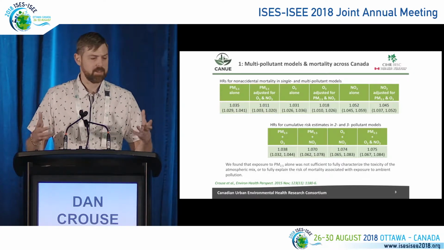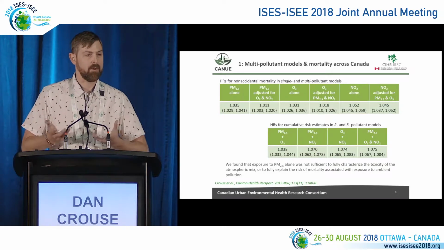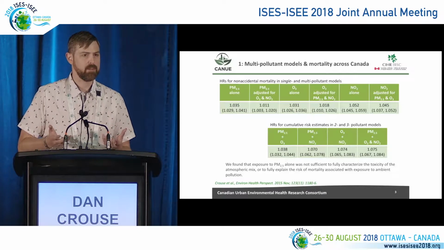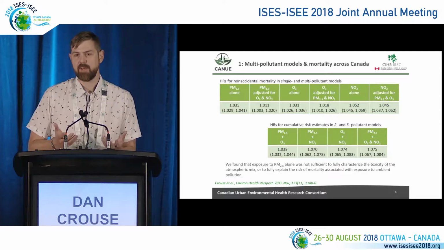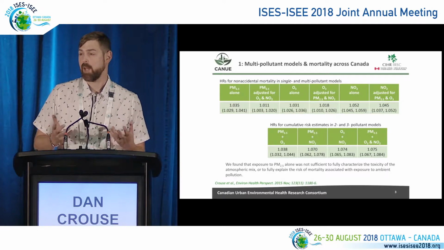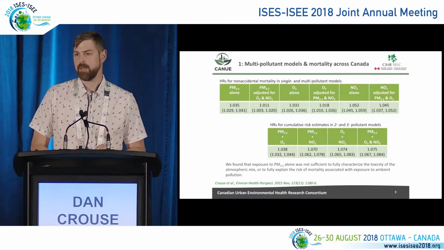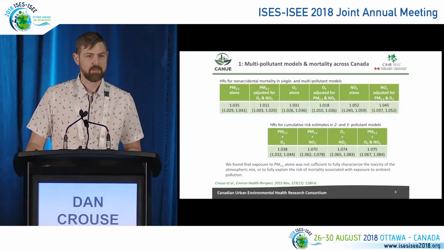I just wanted to point out that this allowed us to bring the three pollutants together in a really cool study, and we were able to demonstrate that looking at PM2.5 alone wasn't really enough to characterize the toxic mixture of the ambient concentrations across Canada.